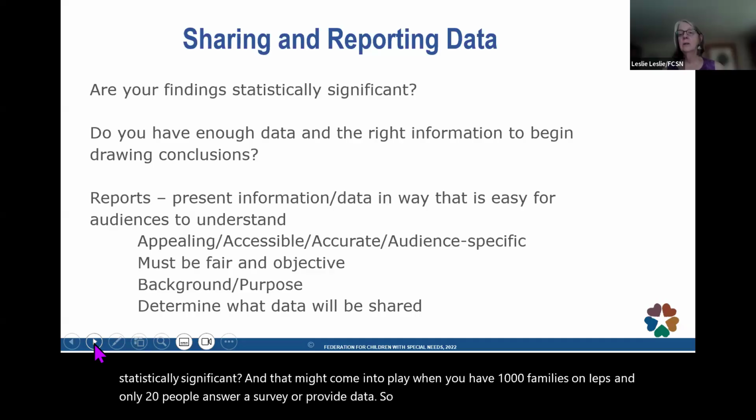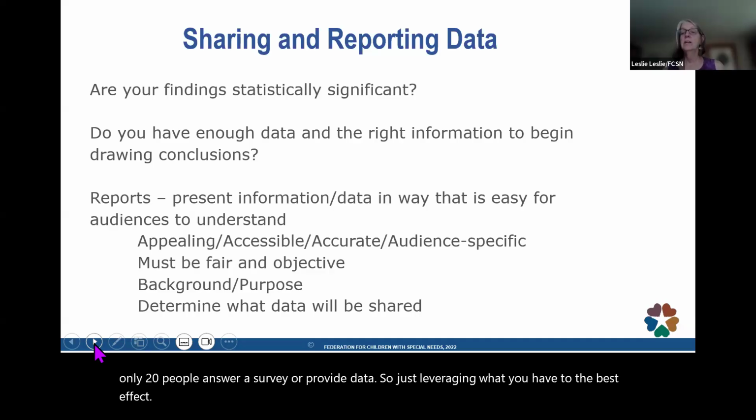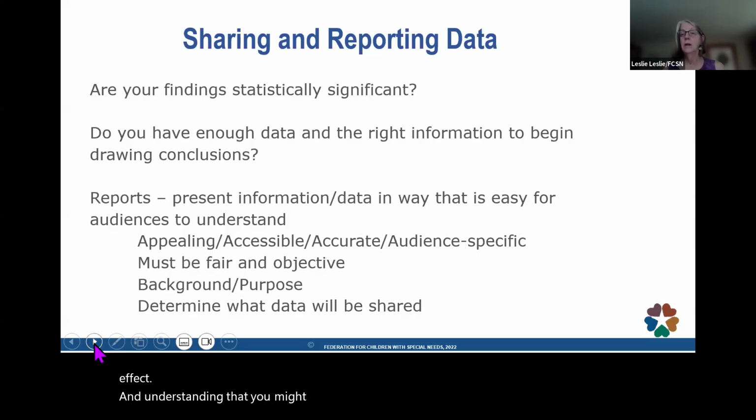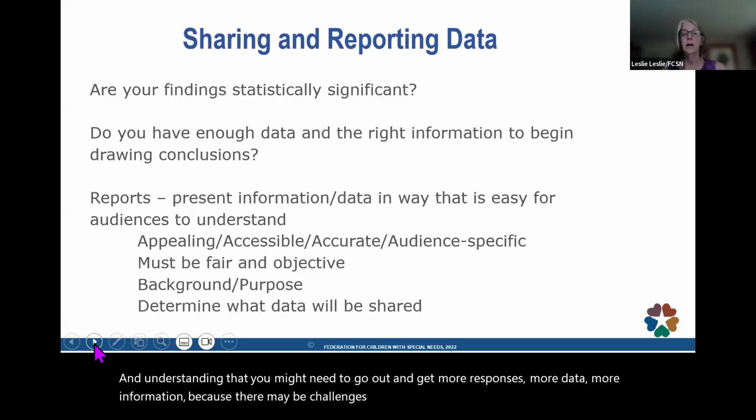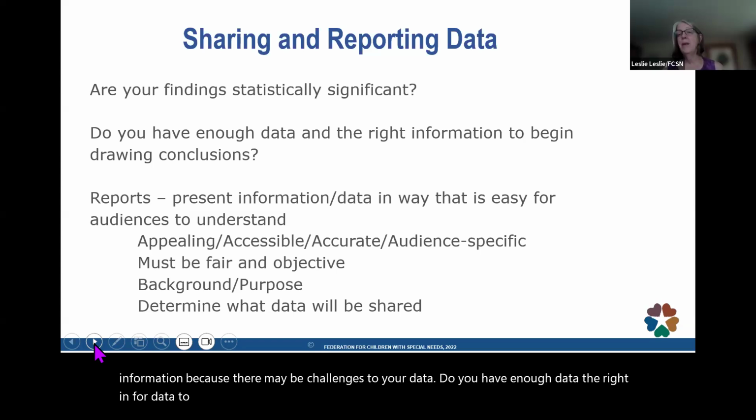So just leveraging what you have to the best effect, and understanding that you might need to go out and get more responses, more data, more information, because there may be challenges to your data. Do you have enough data, the right data to be able to be making any conclusions? I think it's a difficult process.